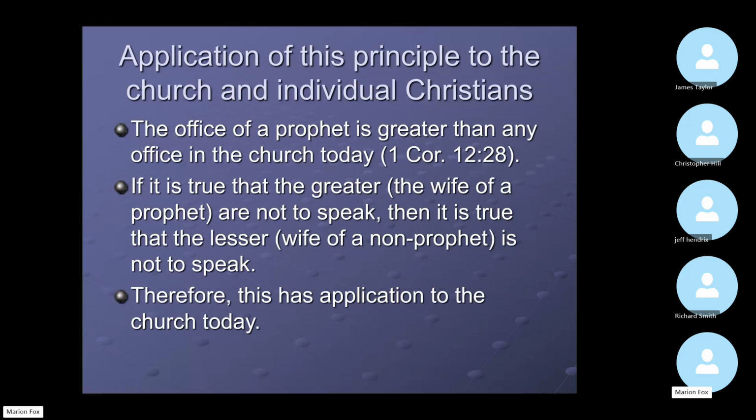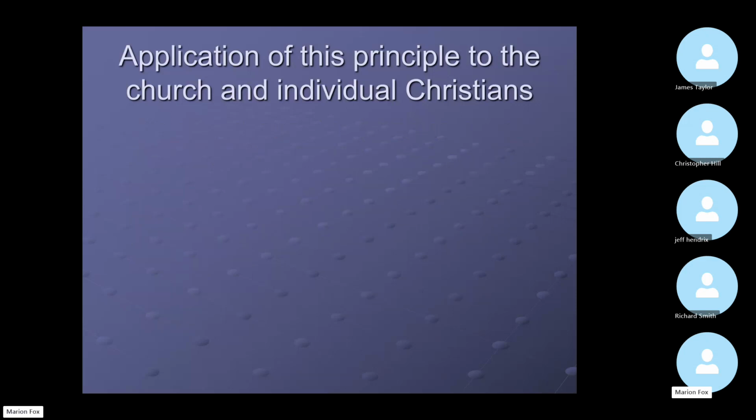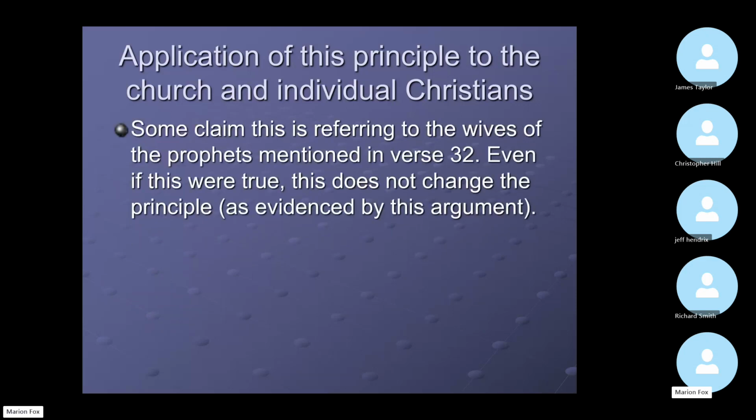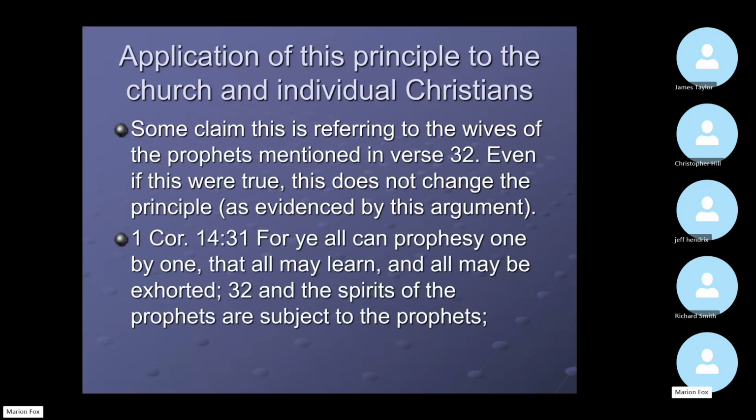Now, what we find then is if they're only second to the apostles in the listing of the order of the gifts, the importance of the gifts, a wife of a prophet would be the wife of one who's the second greatest office in the church.